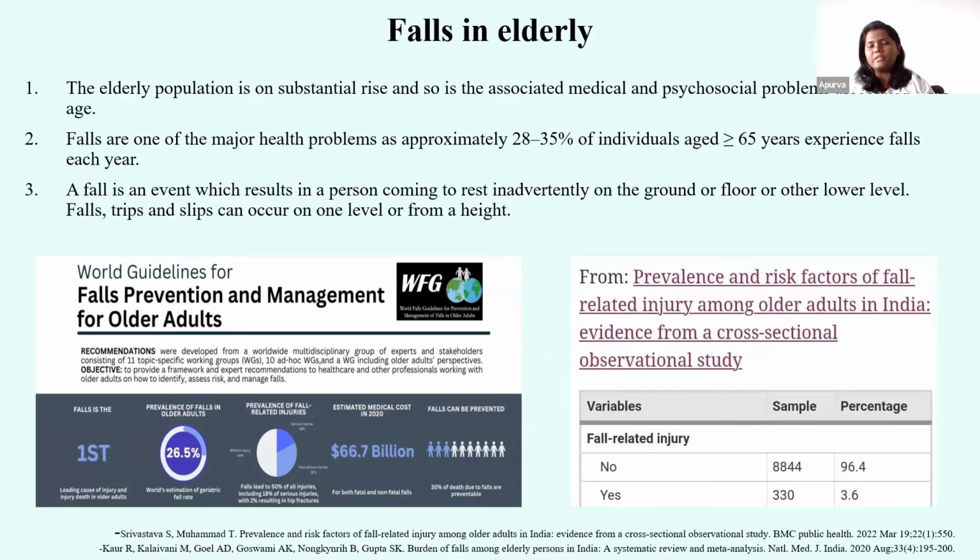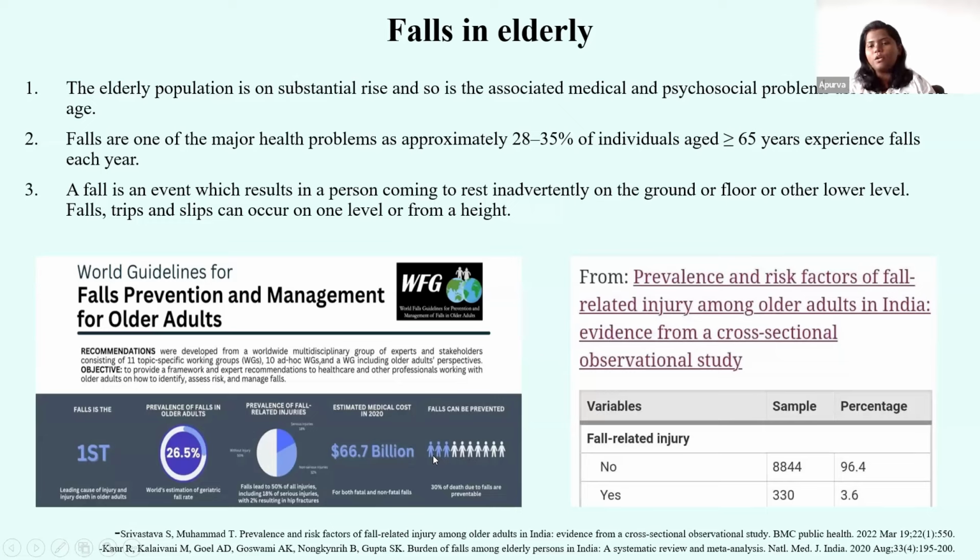One of these major health problems is falls, with its prevalence being around 28 to 35%. This increasing prevalence of falls is also leading to a lot of fall-related injuries. And 3 out of every 10 individuals experiencing a fall have death as one of their complications. These falls are completely preventable, and therefore such deaths can also be preventable.